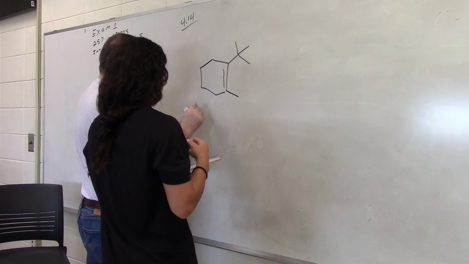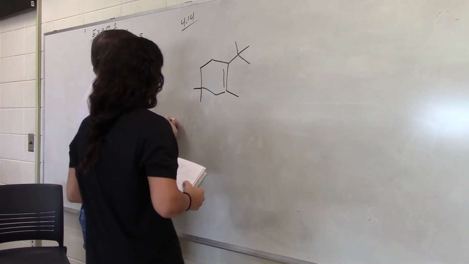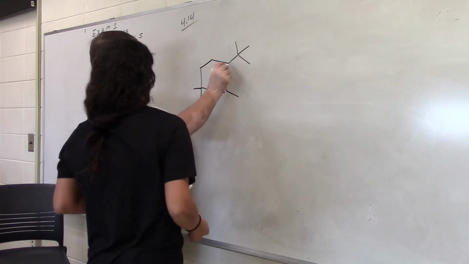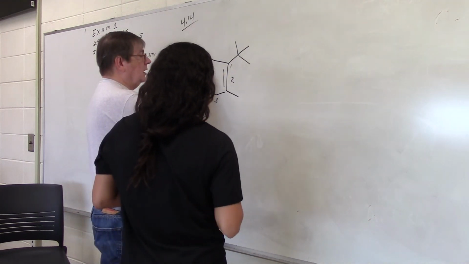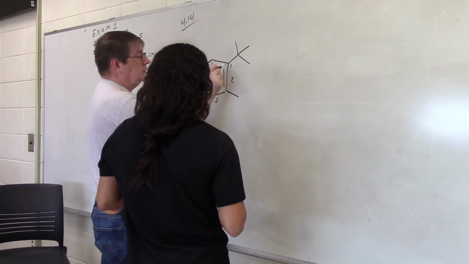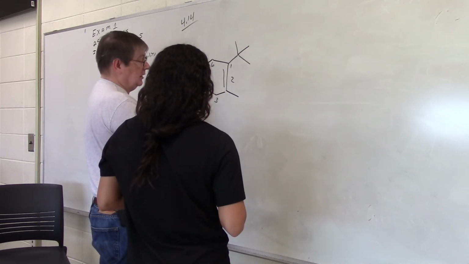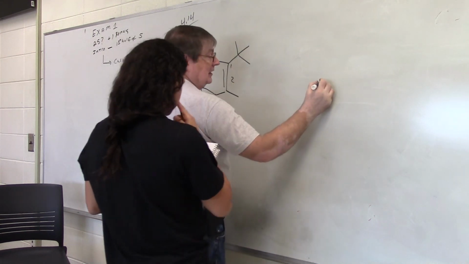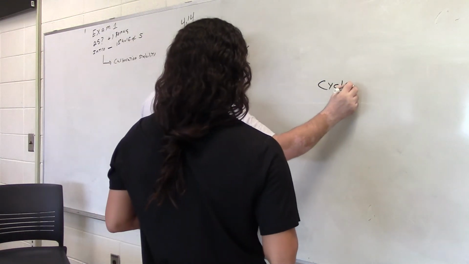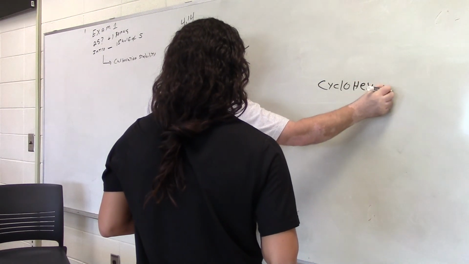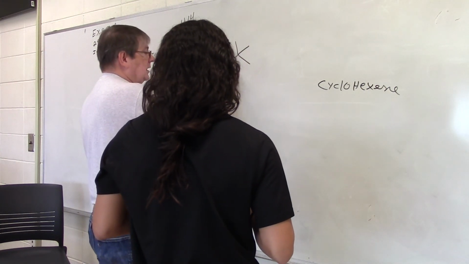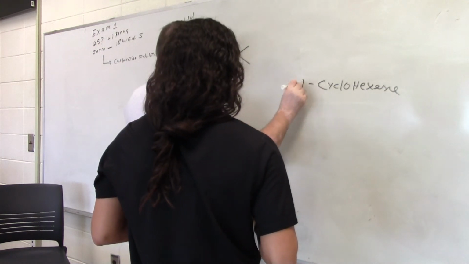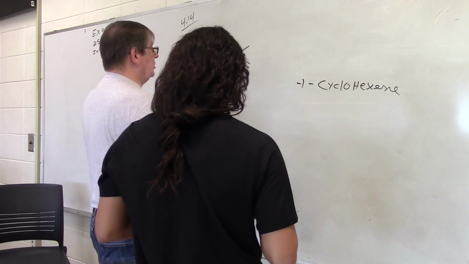You're always going to want a number such that you give everything the lowest possible number. 1, 2, 3, 4, 5, 6. If you numbered the other way, it'd be 1, 2, 3, 4, 5, 6. And so I think you're right. I think that's going to give it, right? So this is a cyclohexene. And when we're talking about a cyclohexene, your carbon in the alkene is always going to be 1, but we could go ahead and write that in anyway. That's fine. What are our substituents?